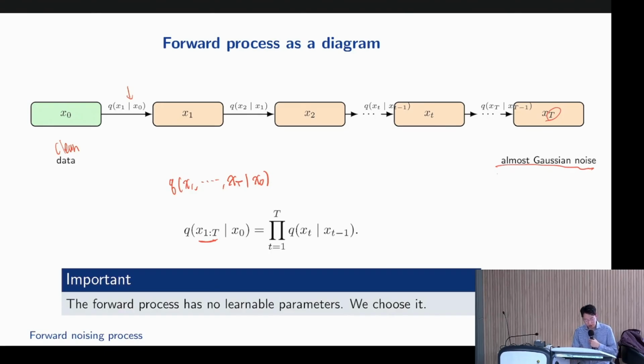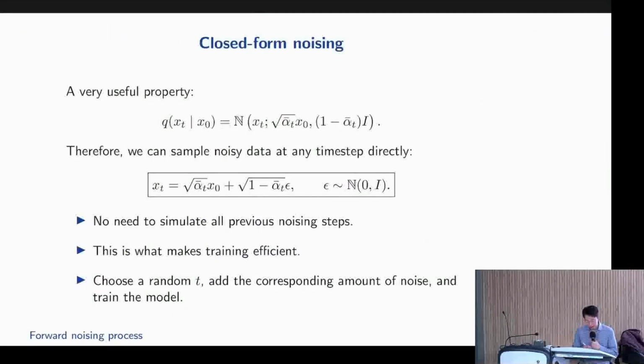So the distribution of all the x's given the clean image x0, that's multiplying all the Q distributions by chain rule. And like I said, the forward process has no learnable parameter. This is our design choice. So we can express this in closed form.